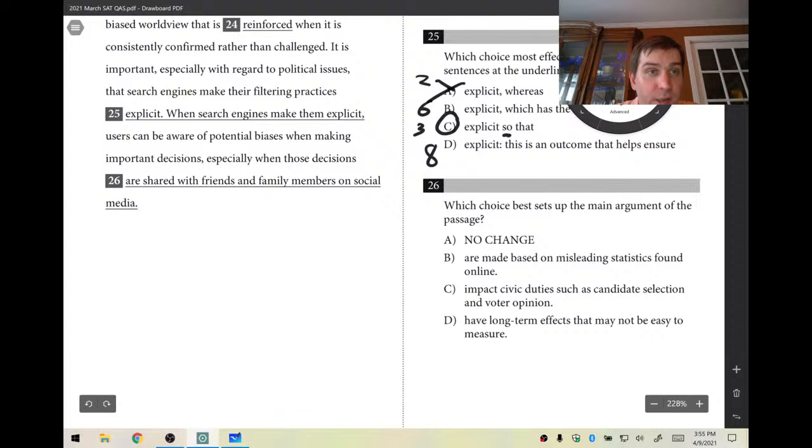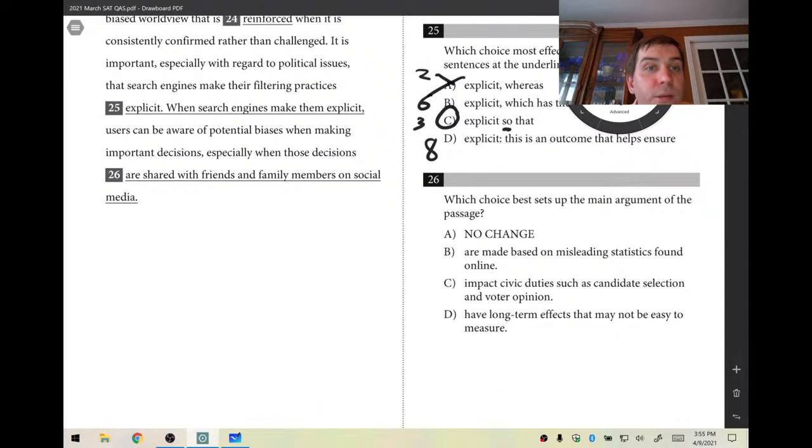Let's look at 26. When search engines make them explicit, users can be aware of potential biases when making important decisions, especially when those decisions are shared with friends and family members on social media. We want to set the main argument of the passage, which is not about family members on social media.